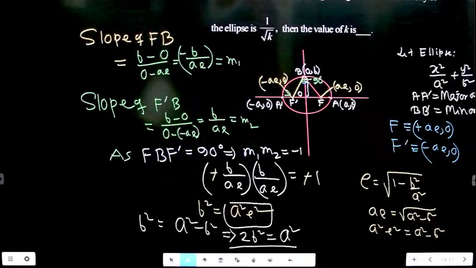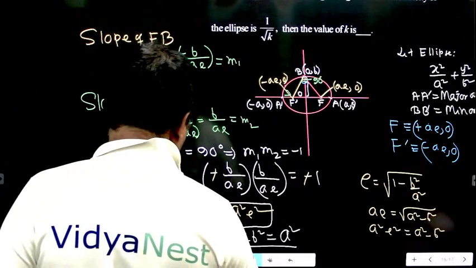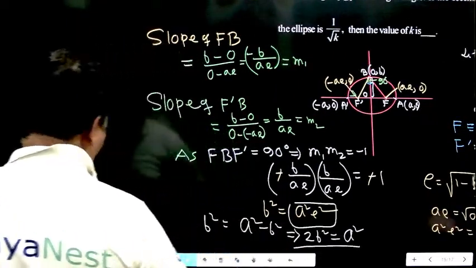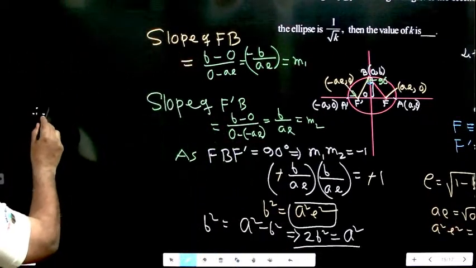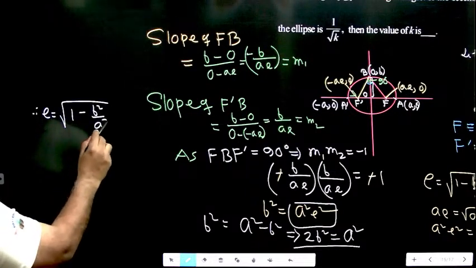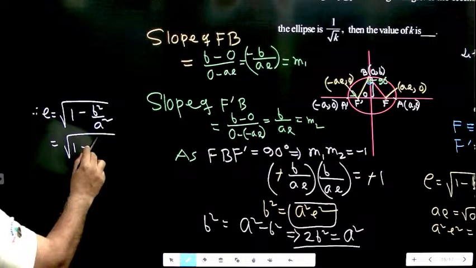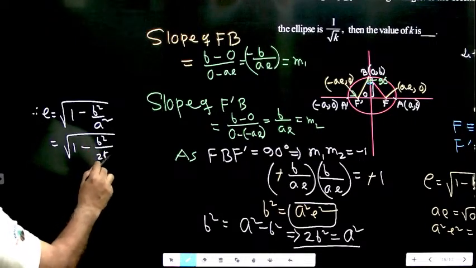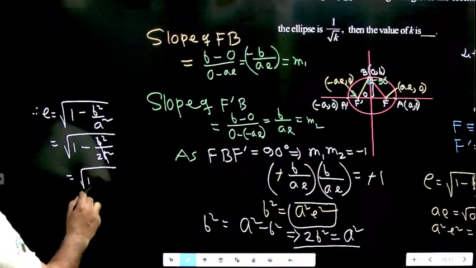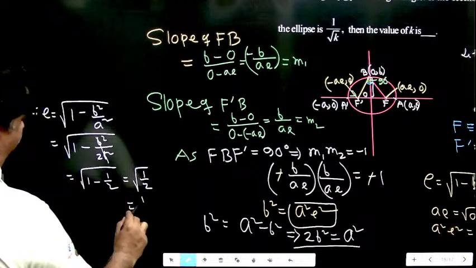Now the question is how to find the eccentricity of this ellipse. Cancel. One by root 2.